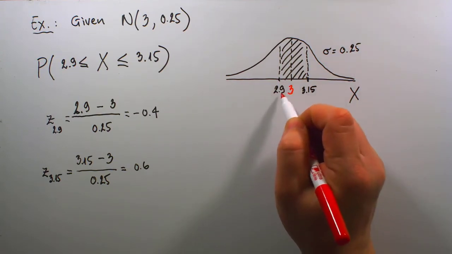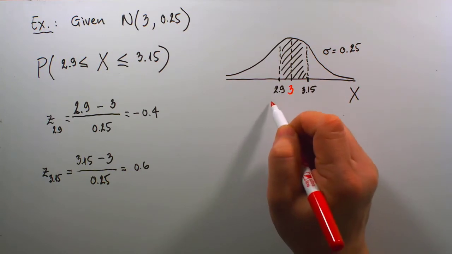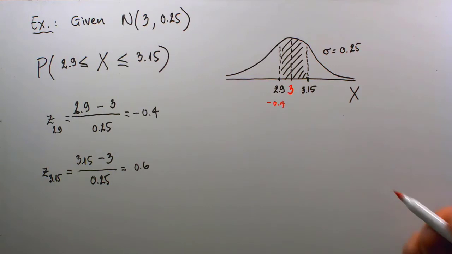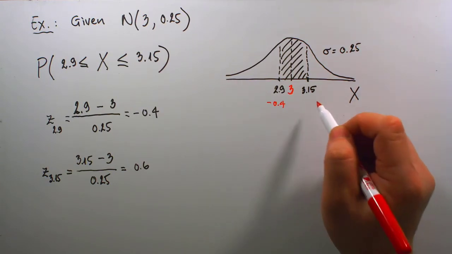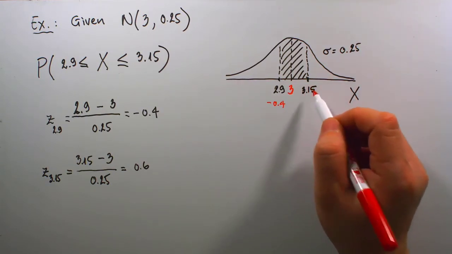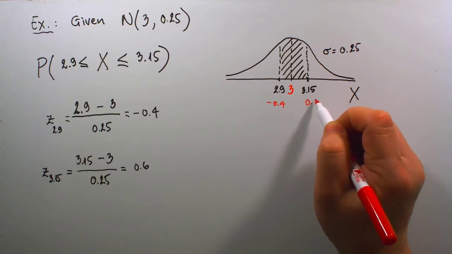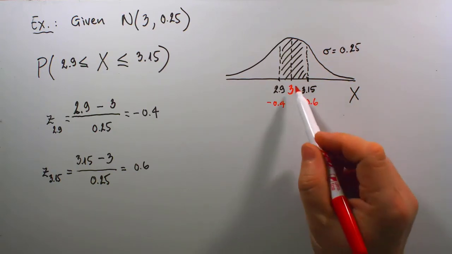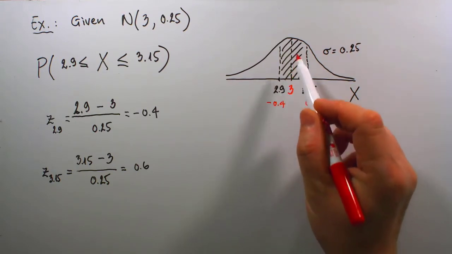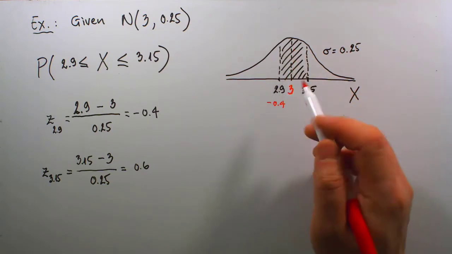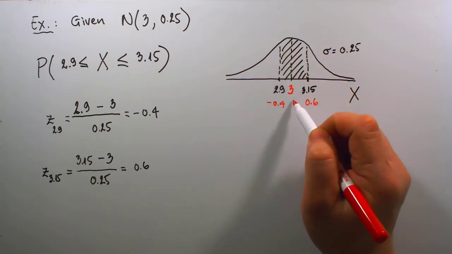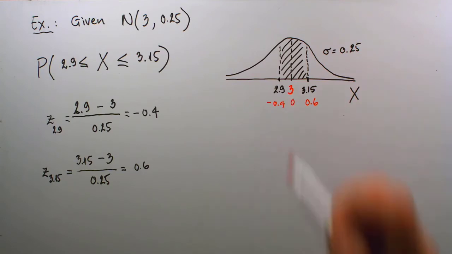So 2.9 has an equivalent z-score of negative 0.4, and 3.15 has a corresponding z-score of 0.6. And now think about that. This center right here stays right on the mean, so it has a corresponding z-score of 0 as well.